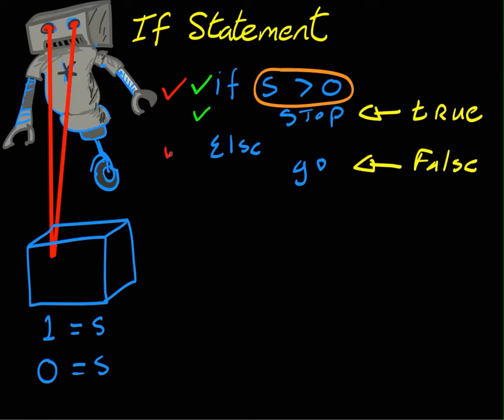Then we'll go on to this code and then this code. So the if statement is allowing us to create two different paths through our code. Right? So we can have this one or we can have this one, and we don't know which one we're going to go through until we actually do sensing, and then when we do some kind of sensing we can then say we have a test, and the test is either true or false, and this is the result.